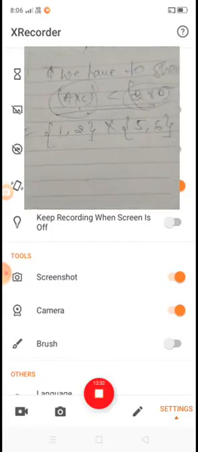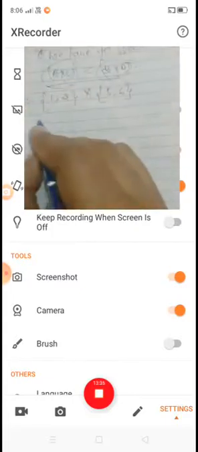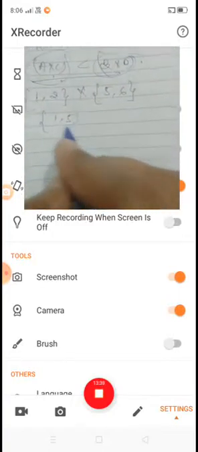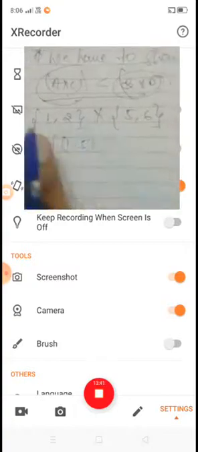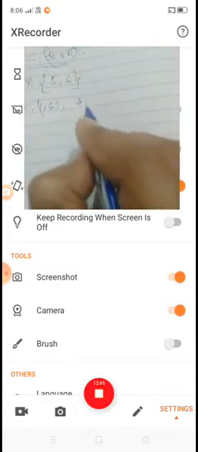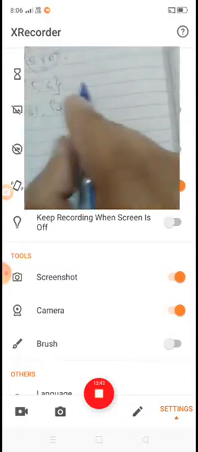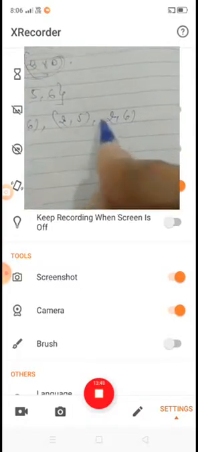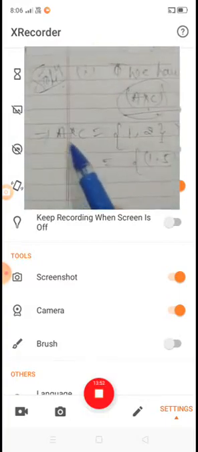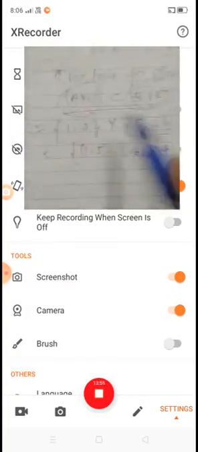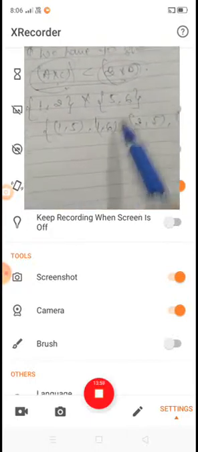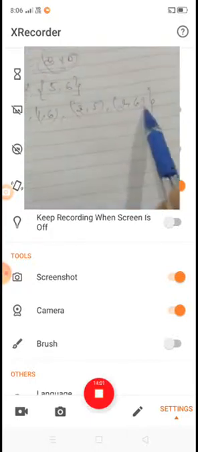Okay, now we have (1,5), (1,6), (2,5), and finally (2,6). So A cross C is (1,5), (1,6), (2,5) and (2,6).